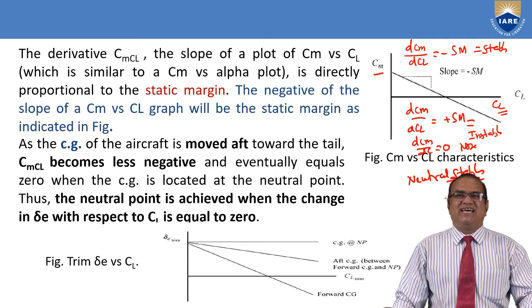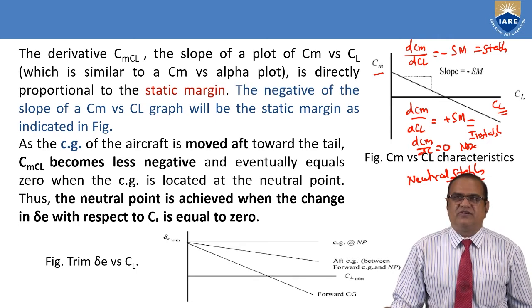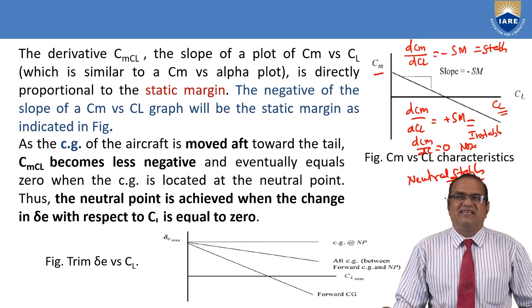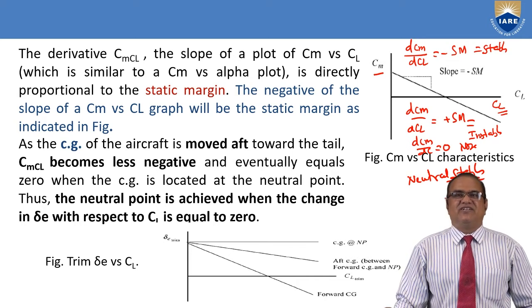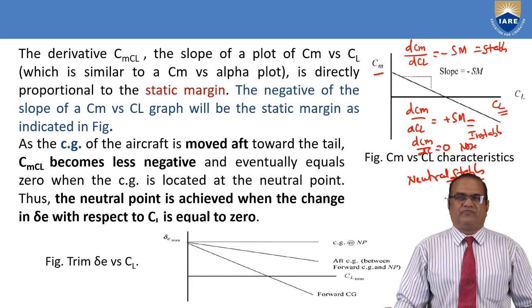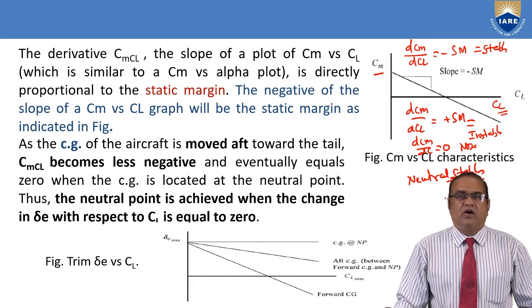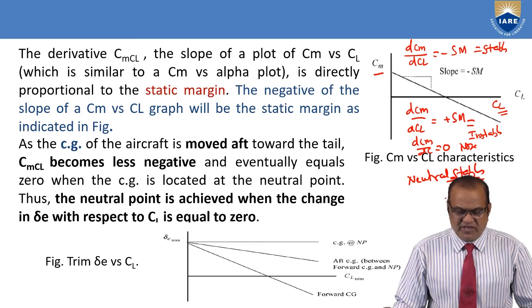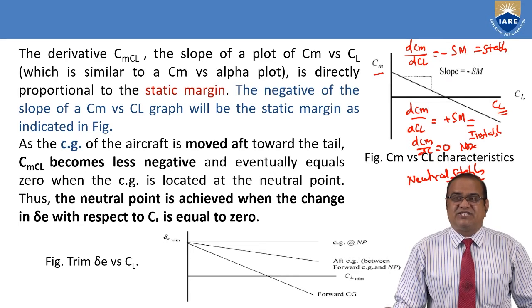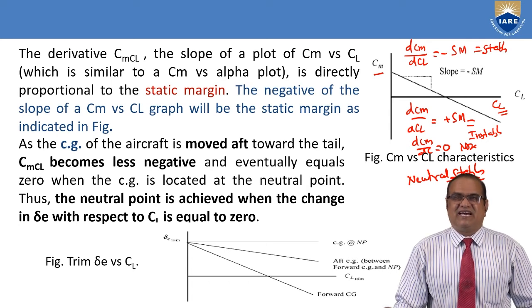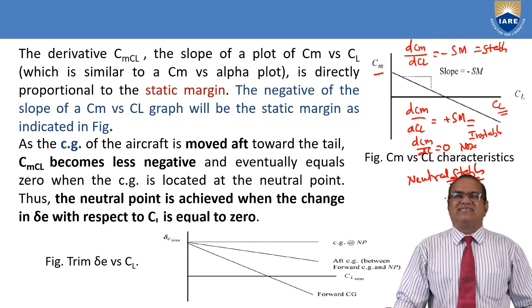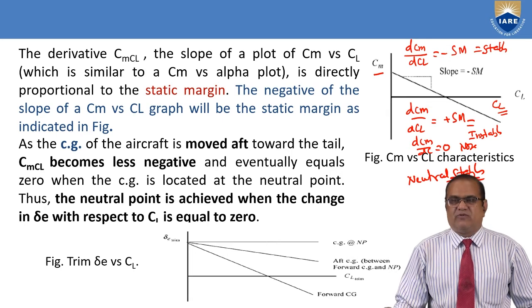As the CG of the aircraft is moved aft towards the tail, dCm/dCl becomes less negative and eventually equals 0. When the CG is located at the neutral point, the neutral point is achieved when the change of delta E with respect to CL is equal to 0.